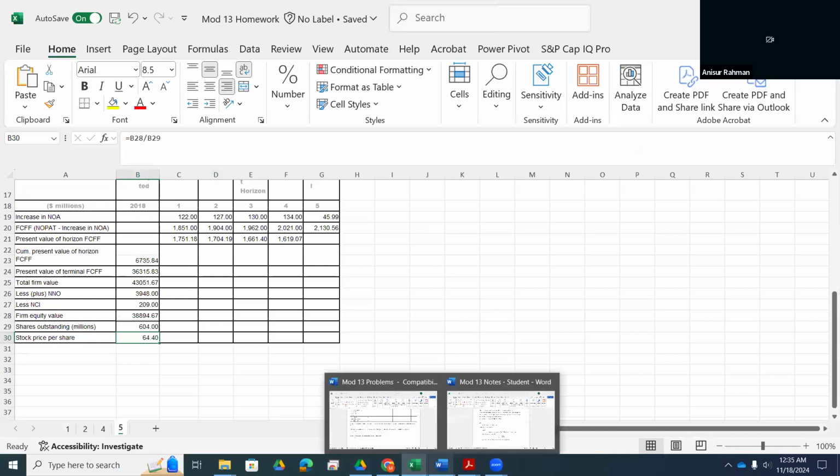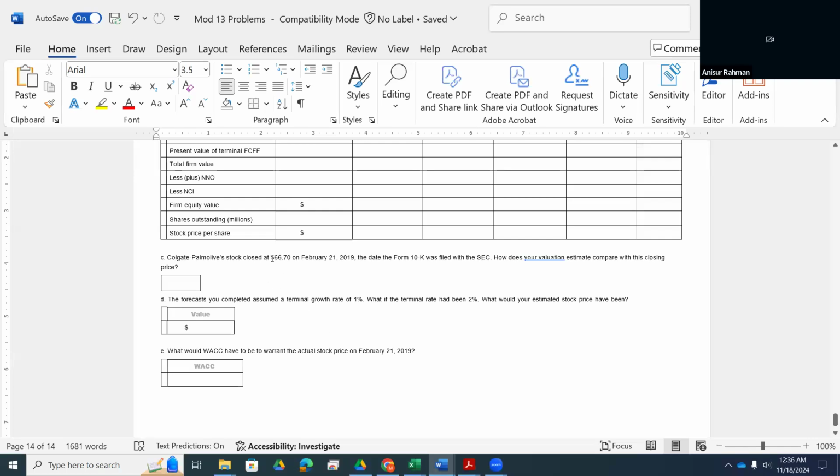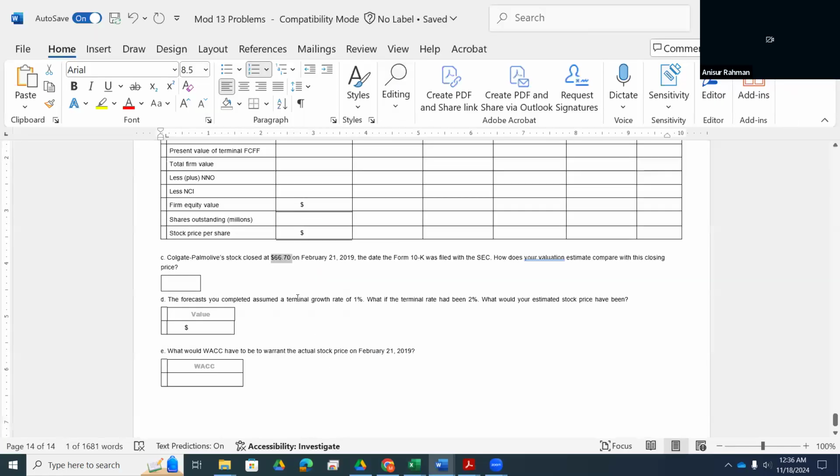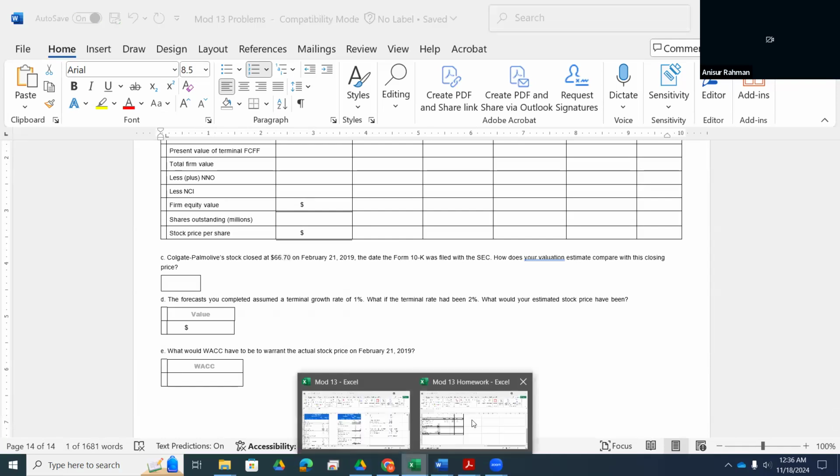But at that time, the market price was 66.7. So we have to find out the WACC that will lead us to a price here equal to the market price, so 66.7. So you can experiment with different numbers manually.